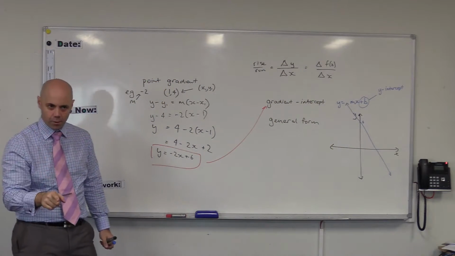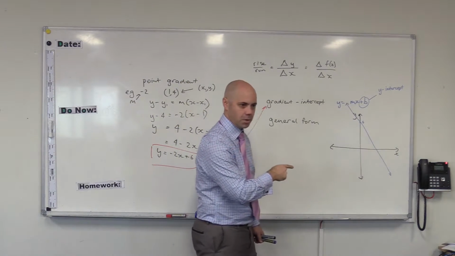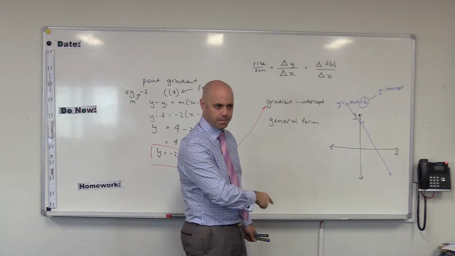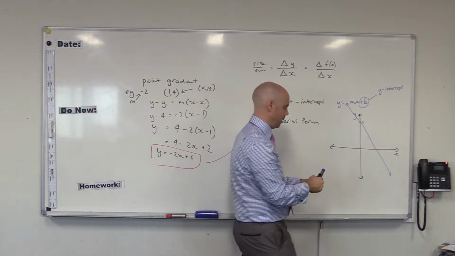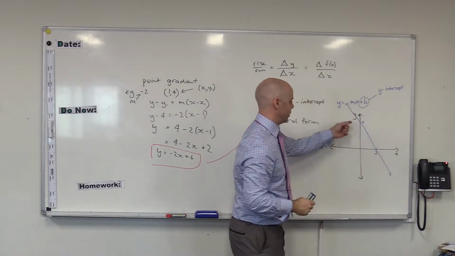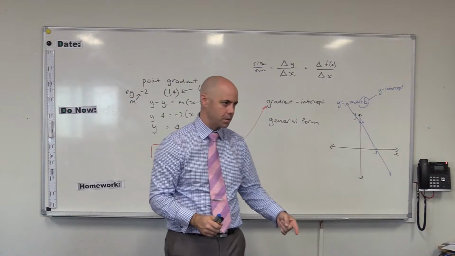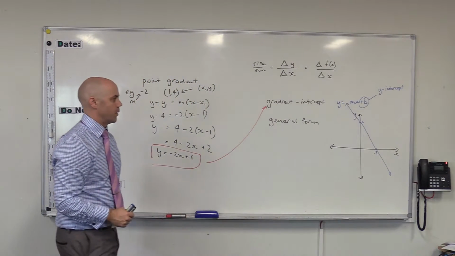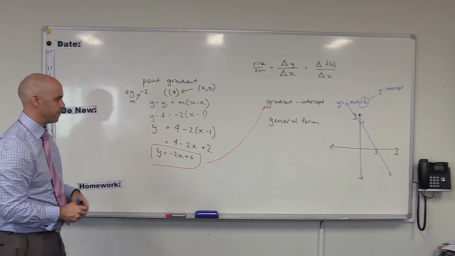It's going down 2 for every one to the right. Anyone tell me where it's going to cut the x-axis? At 3? Yep. So if it goes down 2 across 1, it's going to go down 6 across 3. So that's our line of that equation.